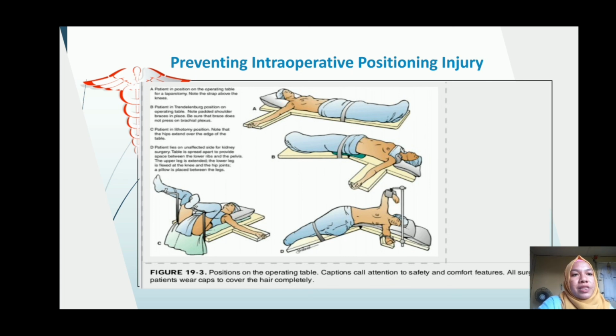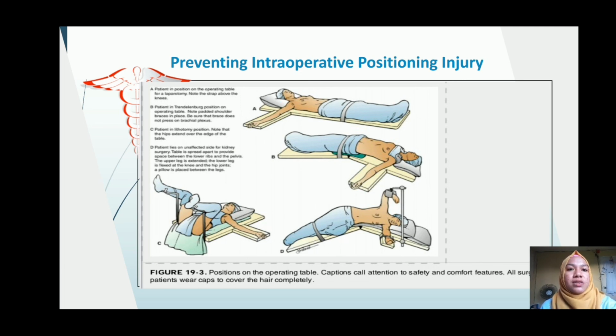Preventing intraoperative positioning injuries. We have here 4 positions during the surgery. Letter A is the supine position, which is for abdominal surgery.